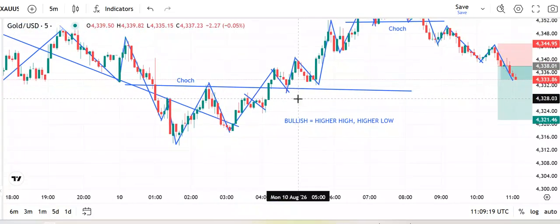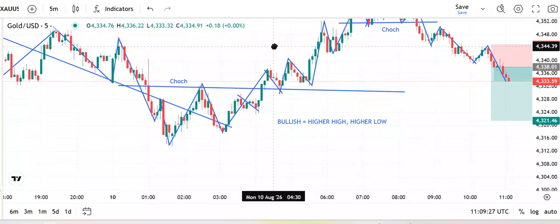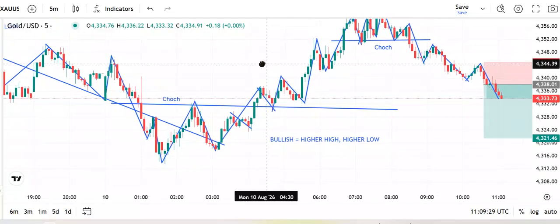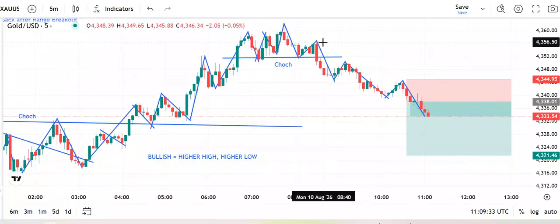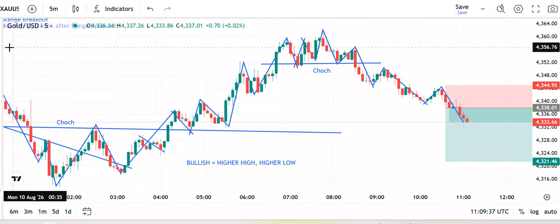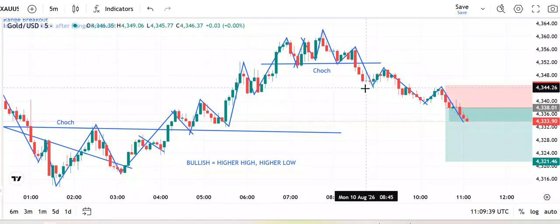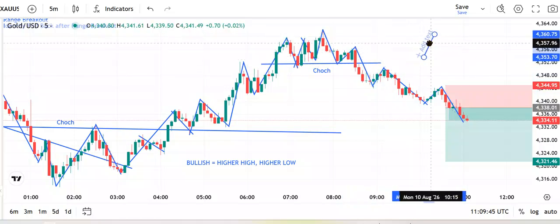So the distance of this pullback is going to be our stop loss. All right. So for this particular section, this is the range breakout and this is the pullback. The distance of this pullback is going to be our stop loss. Okay, these are stop loss distance.